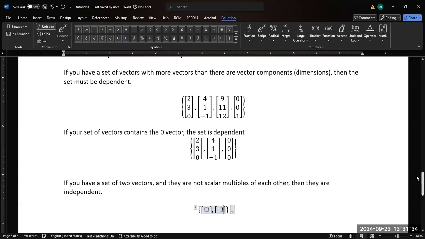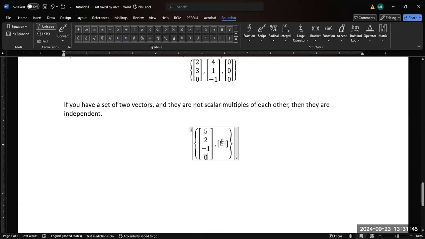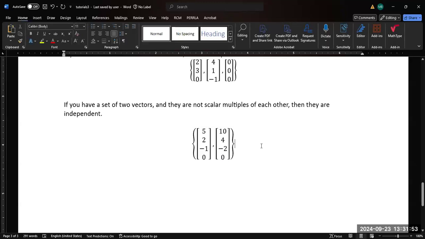And again, the size doesn't matter. So 5, 1, -1, 0, and 10, 4, -2, 0. If they are scalar multiples, then they are dependent.